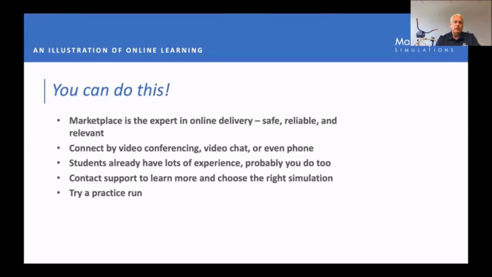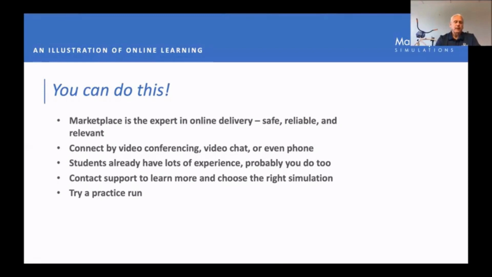If there are any difficulties, you have the Marketplace support group. And those of you who have been working with us for some time know that they are very responsive to your questions, your student questions. If there are technical questions about Zoom, about Marketplace, please call in.